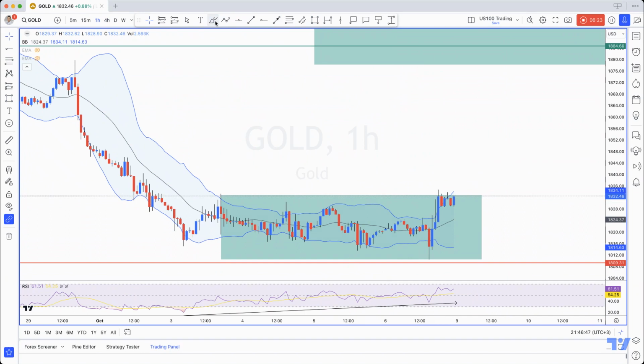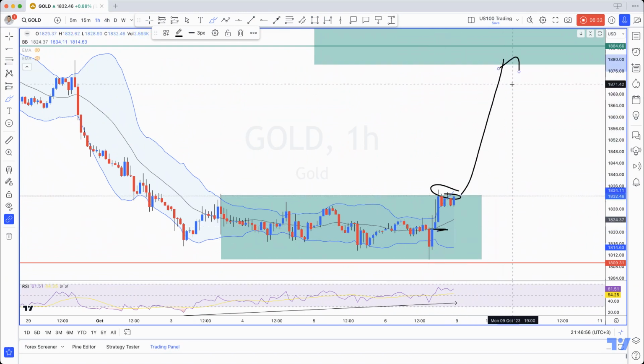Either, for breakout traders, they can place buy stop orders here with a stop loss somewhere in the middle of this range and try to get some good outcome if price makes it all the way here. Remember, that's the area of 50 to 61.8% from the fib.